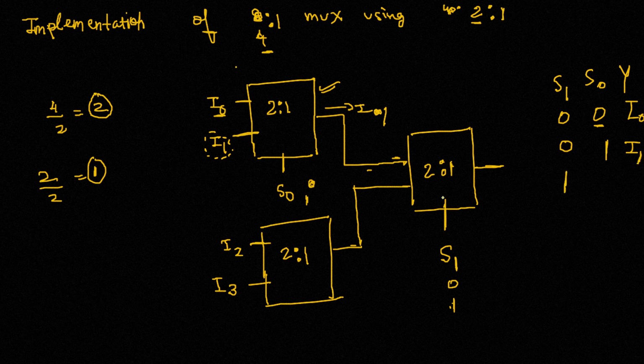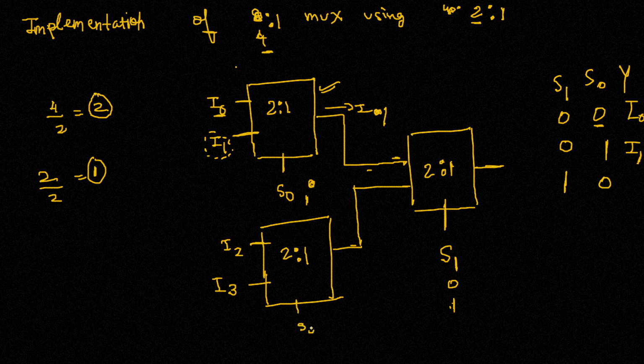Now if S1 is 1, that means the multiplexer takes inputs from the 2 cross 1 mux on the bottom, and S0 is 0. Now S0, like I mentioned, acts as a select line for both the above and below multiplexers.